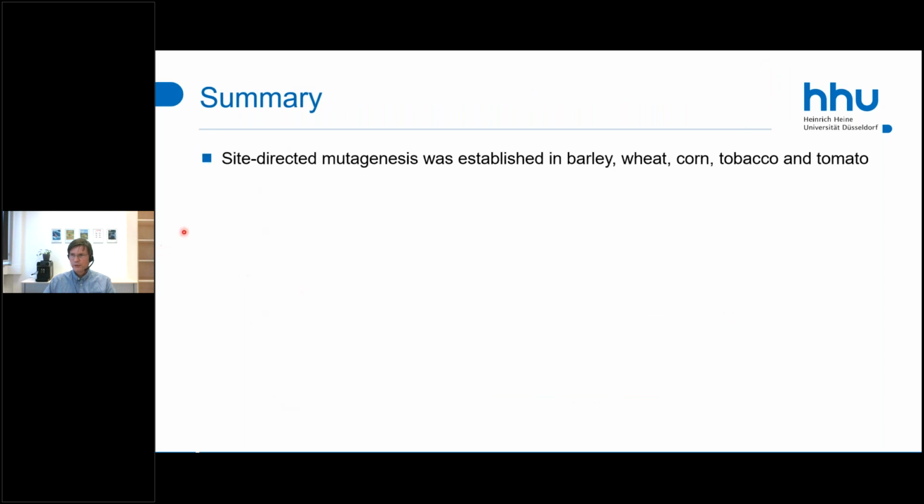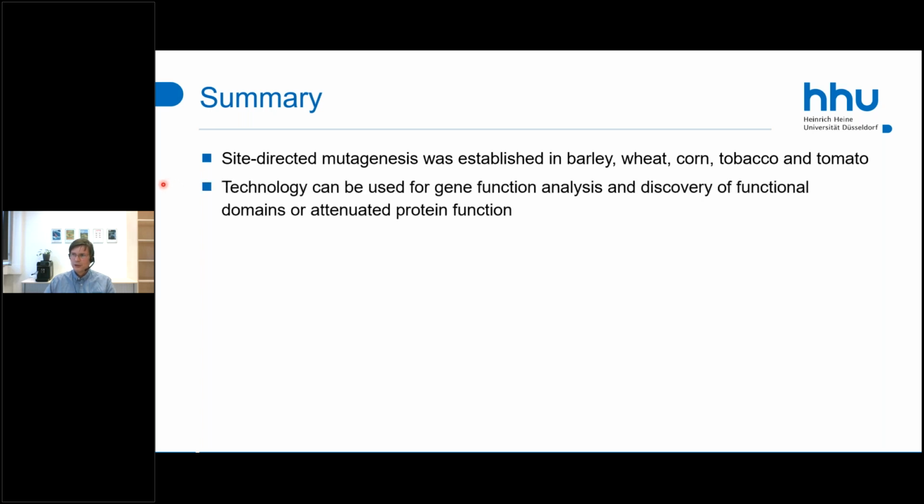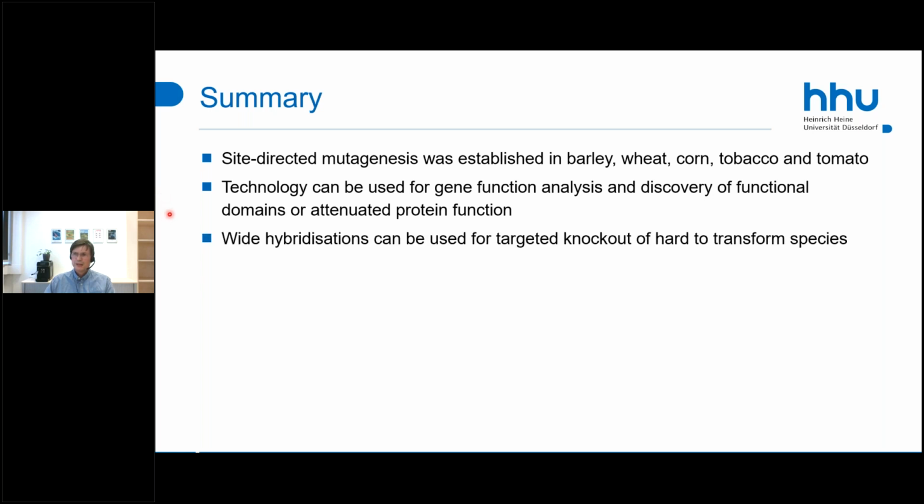I hope I could convince you that we established site-directed mutagenesis. I did not show data for all of these, but we have established it in barley, wheat, corn, tobacco, and tomato. So the technology can be used for gene function analysis and discovery of functional domains, or you can use it for attenuated protein function. Wide hybridizations can be used for targeted knockout in hard to transform species.